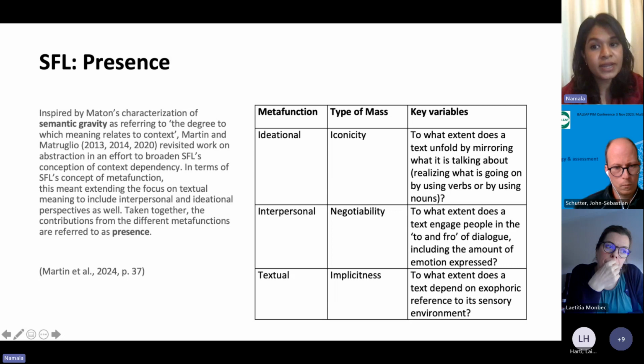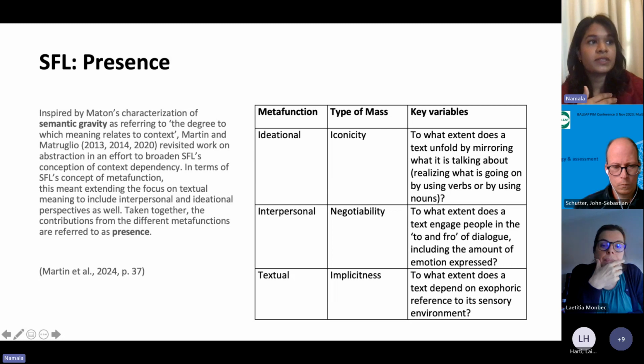Asking questions about to what extent does the text unfold by mirroring what is talked about? So verbs are used as verbs, nouns as nouns. To what extent does the text engage in dialogue or express emotion? Of course, we know that there is less emotion if it's more technical and abstract, more emotion if it's more public and supposed to be engaging for a non-specialist audience, and things like exophoric references.